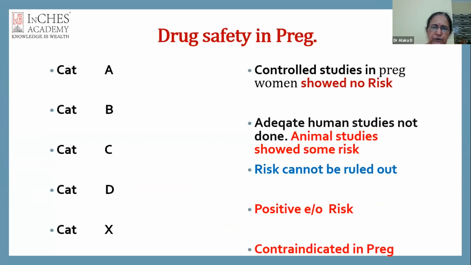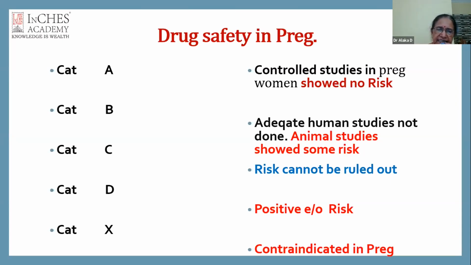And therefore the pregnant woman is susceptible to infection. Now, when we are talking about infections in pregnancy, we have to consider drug safety in pregnancy. If you take any drug index, you will find that they have classified the drugs like this. Category A, there are controlled studies in pregnant women which showed no risk of fetal malformation.